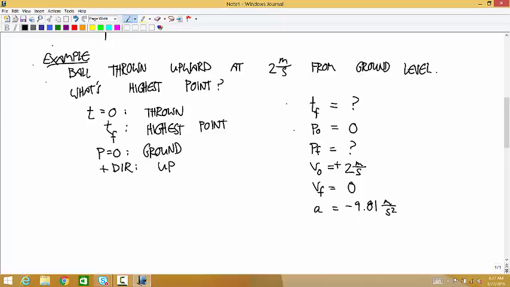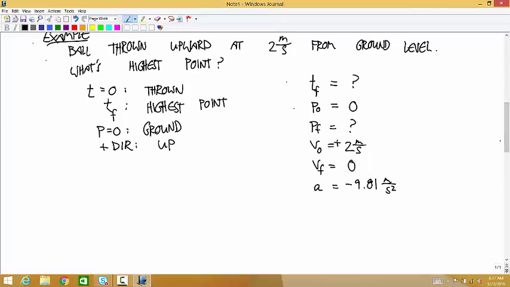And now we're looking for one equation that works with all of this. So we'd like to find P final. Is there an equation that we can use to find P final from what we have? Yep.